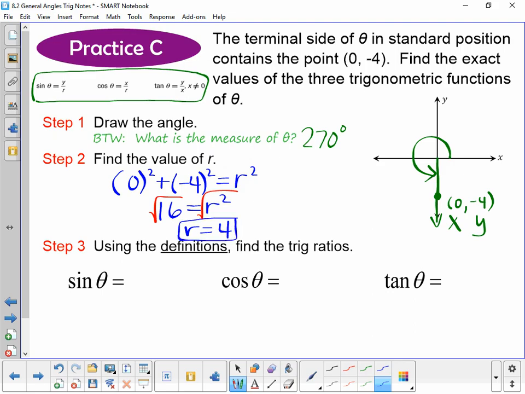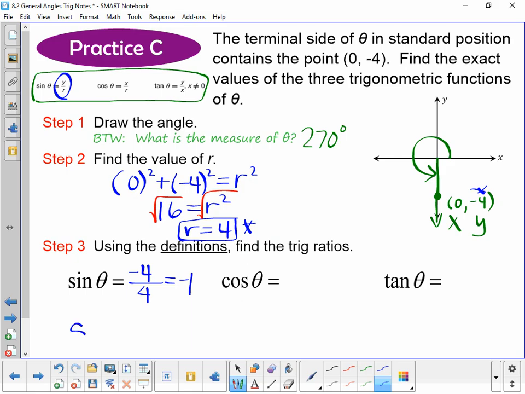So we have an X value of 0, we have a Y value of -4, and we have an R value of +4. So if we use our definition for the sine, it's Y over R. That would be -4 over 4. Here's my Y value, here's my R value. And if we simplify that, it is -1.